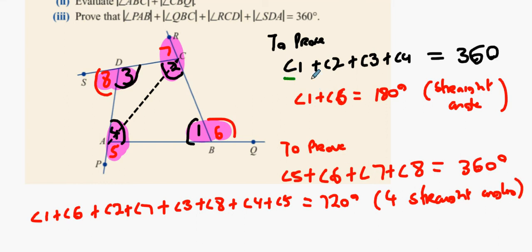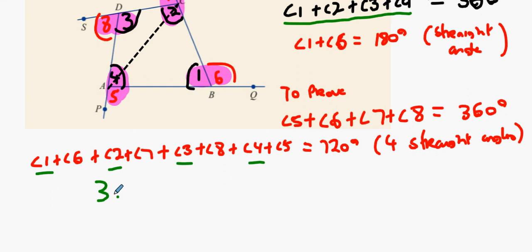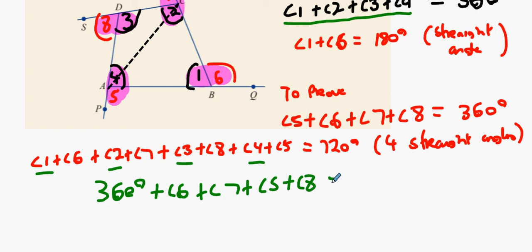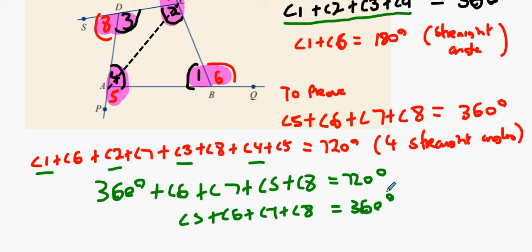But given that angle 1, angle 2, angle 3 and angle 4 equals 360 degrees, you can then say it's 360 degrees plus angle 6 plus angle 7 plus angle 8, sorry I forgot angle 5, plus angle 5 plus angle 8 equals 720 degrees. Therefore angle 5 plus angle 6 plus angle 7 plus angle 8 equals 360 degrees, and that's basically what we're looking to prove. Okay, so we're done with that.